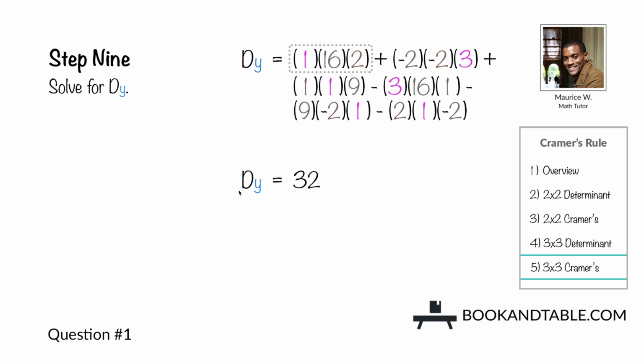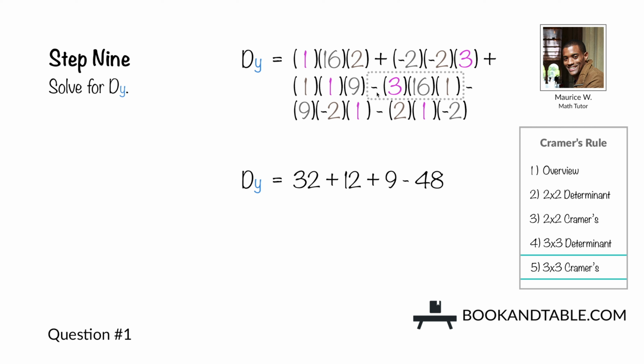So we get 1 times 16 is 16, times 2 is 32, plus negative 2 times negative 2 is 4, times 3 is positive 12, plus 1 times 1, which is 1, times 9 is 9.